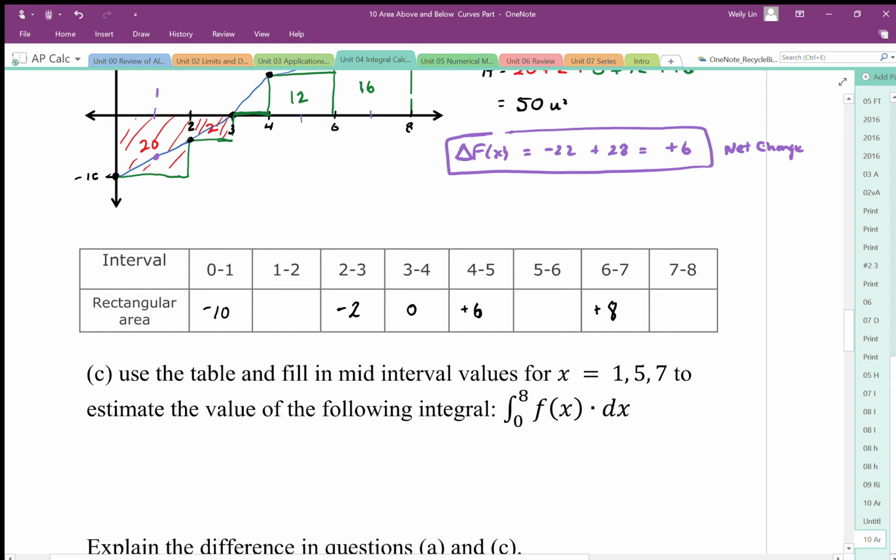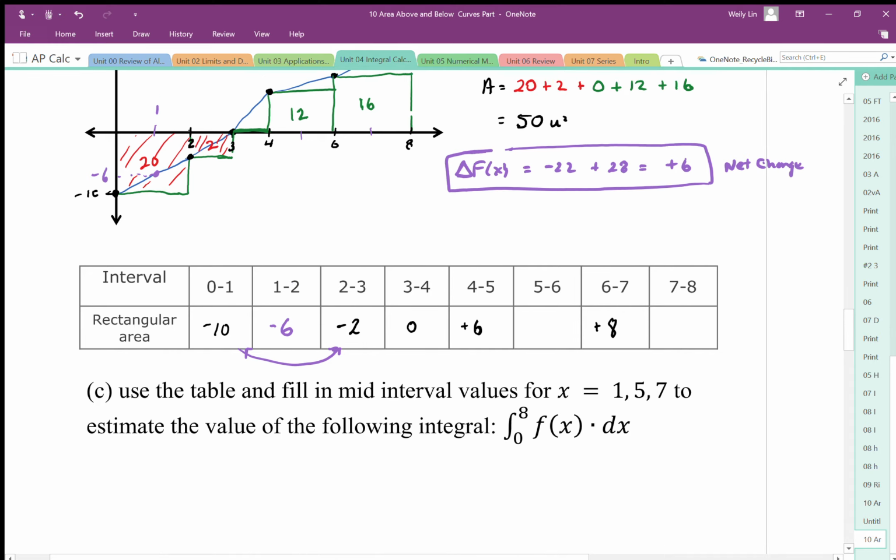At x equals 2, y equals -2. So -10 to -2, the average height of that is going to be -6. So we're going to use a mid-interval value, which is the average of these two values. And since it's an interval width of 1, the displacement will be -6.